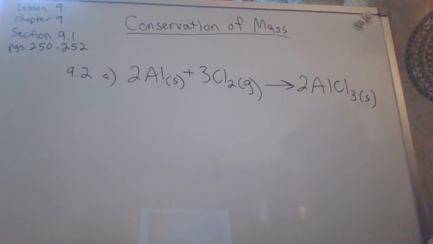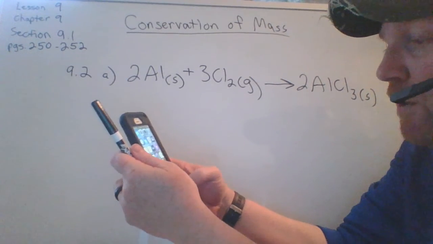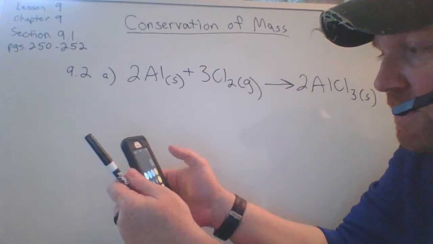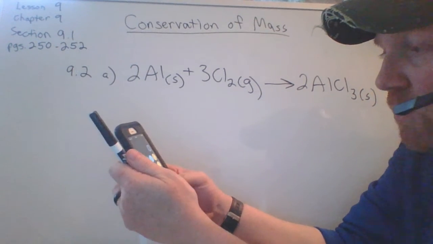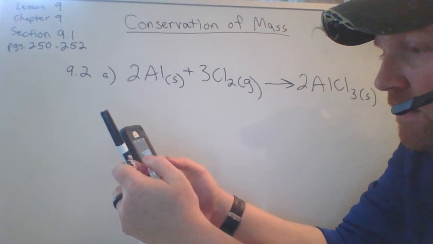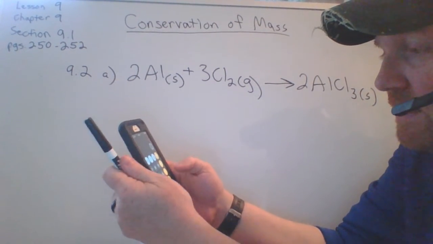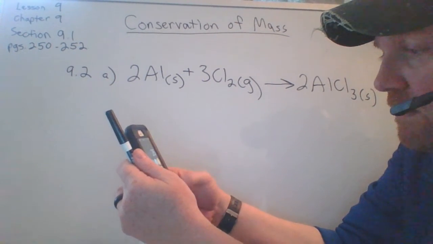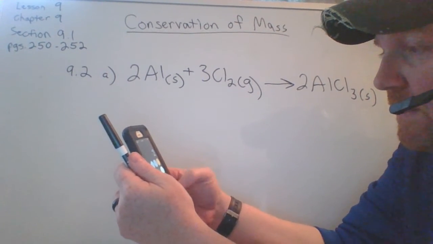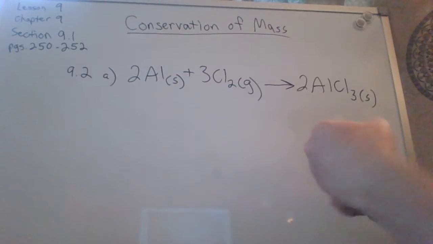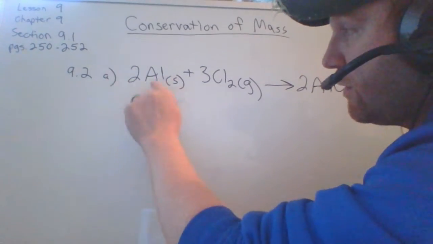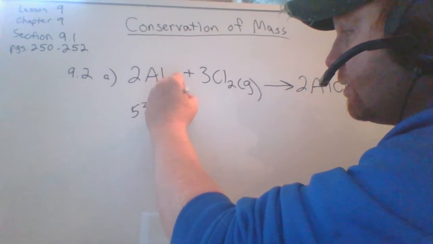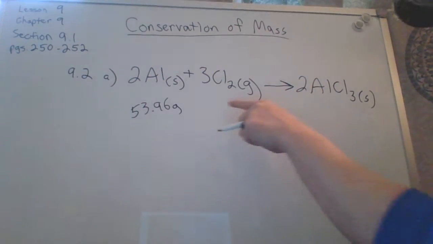Again, I wanted you to see me do this so that you can follow my lead. 26.98 times 2 will give us 53.96 grams for aluminum.